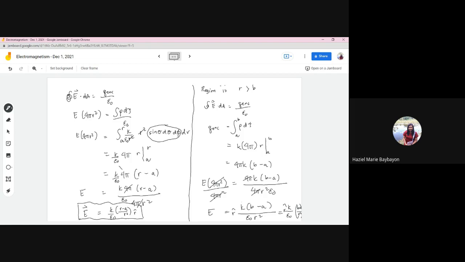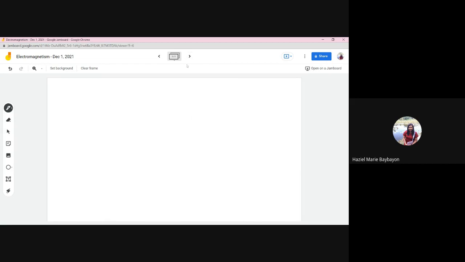Take note that we will find the potential at the origin. So to find the potential at the origin, we have V of R, the potential at the origin.